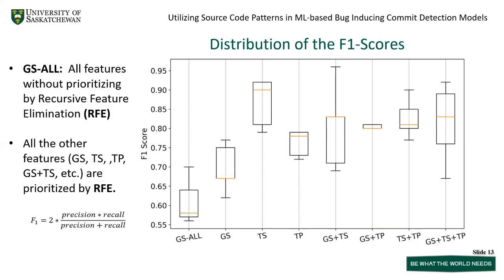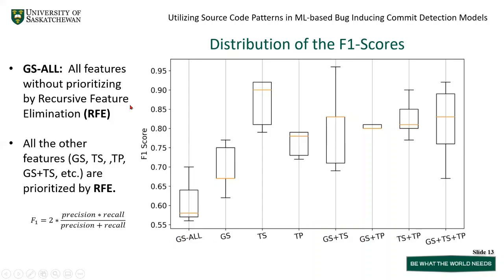In our paper, the precision, recall, and other diagrams are also available to view. Here we can see the feature values we have used and the distribution of F1 score on the y-axis.